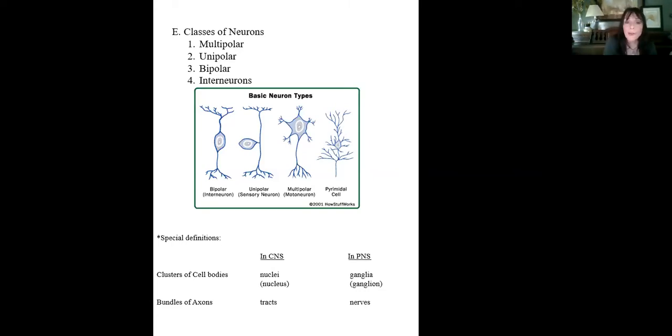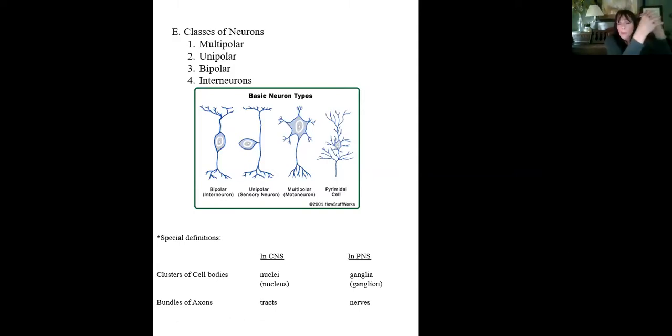And if you go to the PNS and you have clusters of cell bodies, they're now called ganglia. One cluster would be a ganglion. And then bundles of axons.